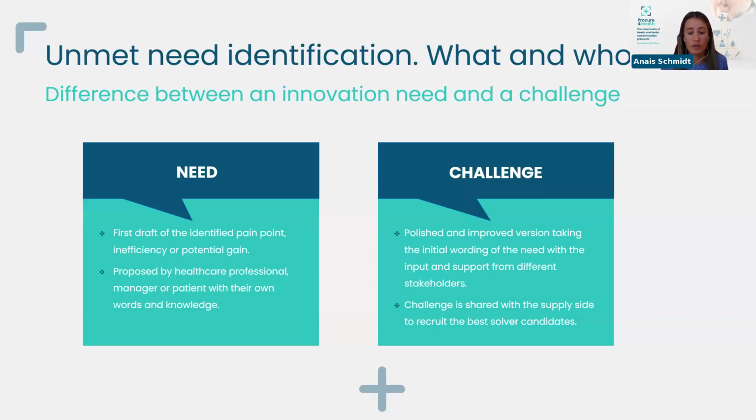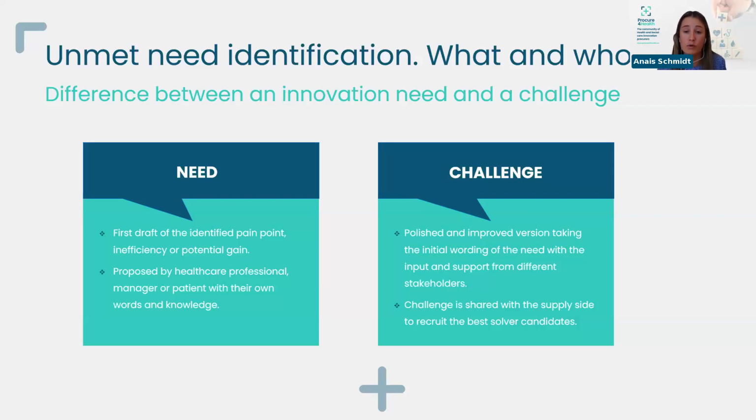But then when you need to move to the call for solvers, for instance, when you have to launch this need to the market, you have to define the challenge that you need to solve. This is the polished version of the need. When you move from the need to the challenge is when you polish the need.